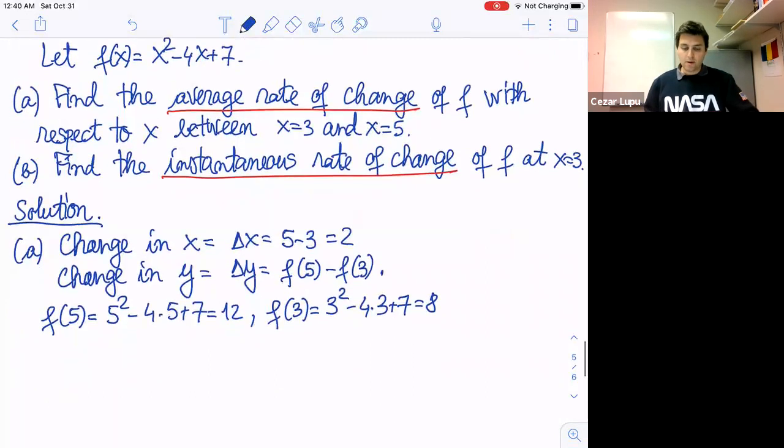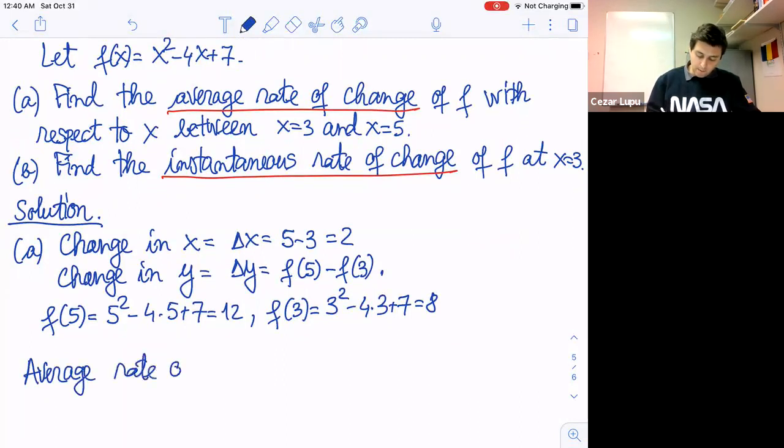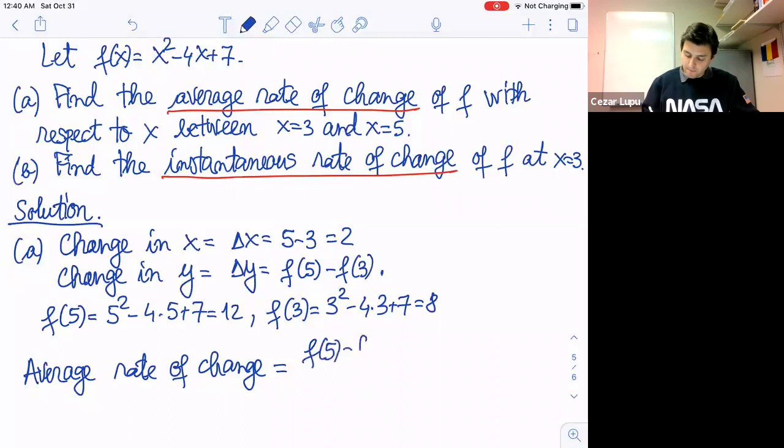And now the average rate of change is equal to f of 5 minus f of 3 over 5 minus 3.